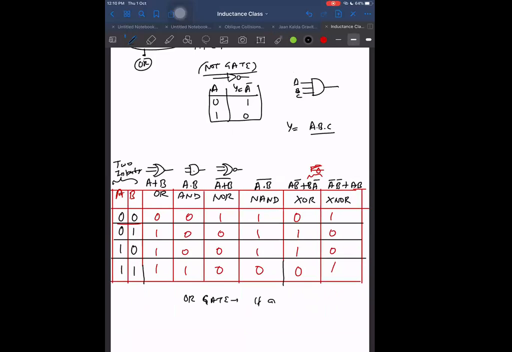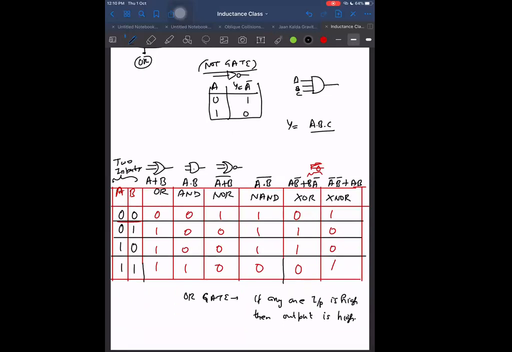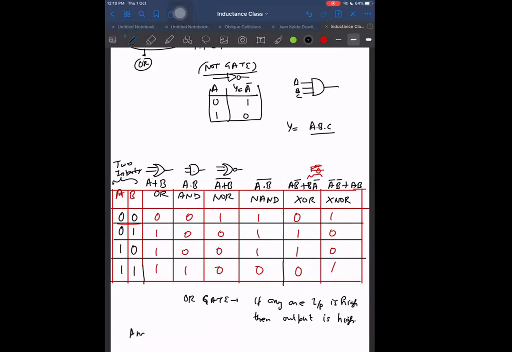What is AND gate? If any one input is low, output is low. That is AND gate.